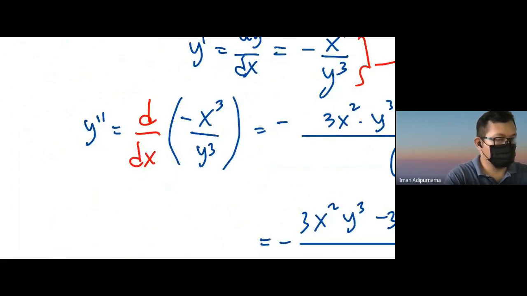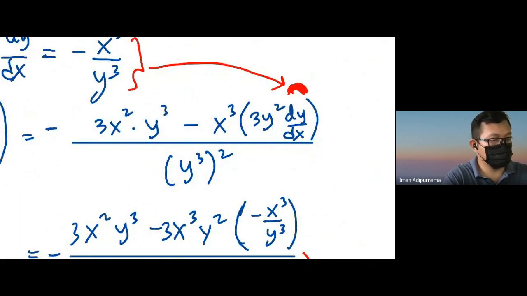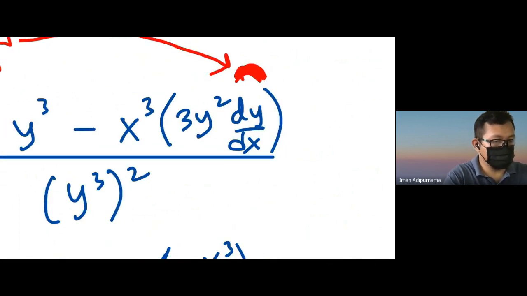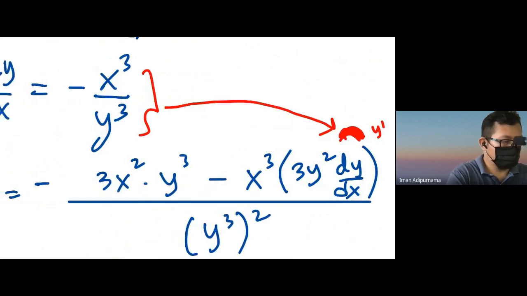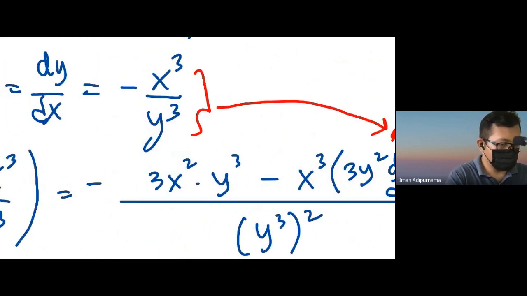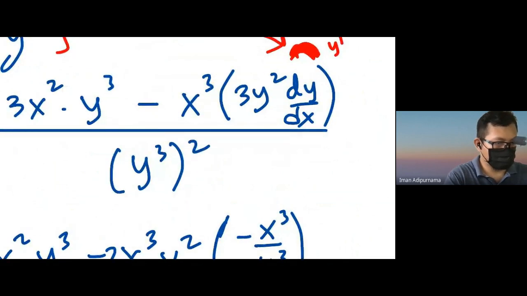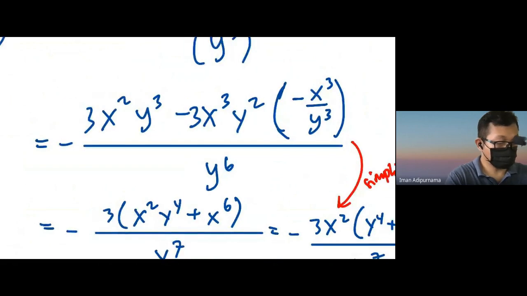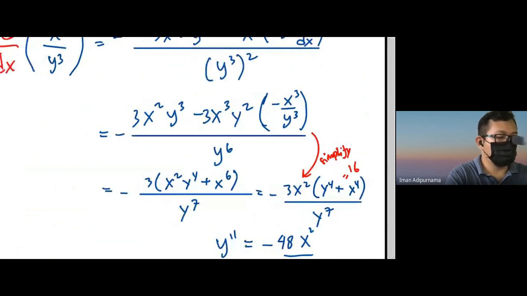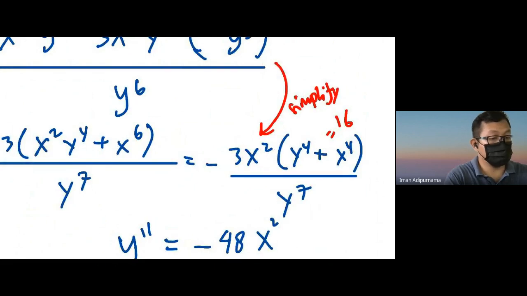And then you get the whole quotient rule expression here, and eventually you will get another y prime here, right? This is y prime. So you can substitute the previous dy dx here, and you will get these equations.